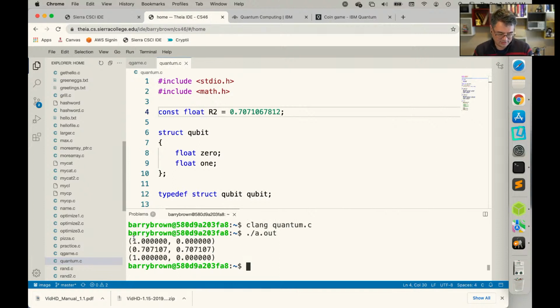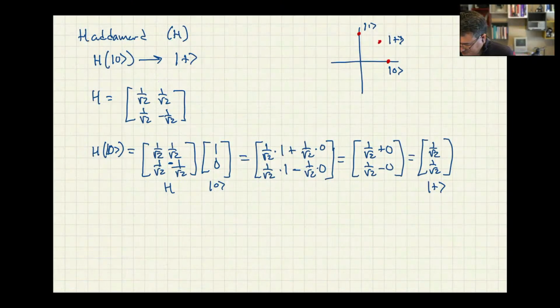That's what I wanted. Okay, so if I take the 0 qubit and I apply the H operation, it goes into superposition. And then if I apply the H operation to that one, it goes back to the 0 qubit. So we can make a state diagram that says if I start here and I apply the H operation, I go there.